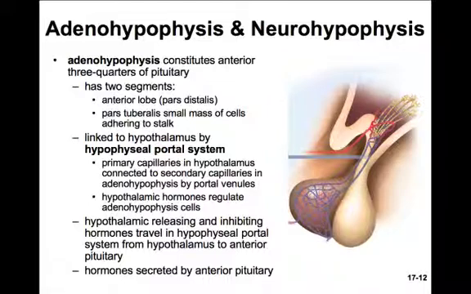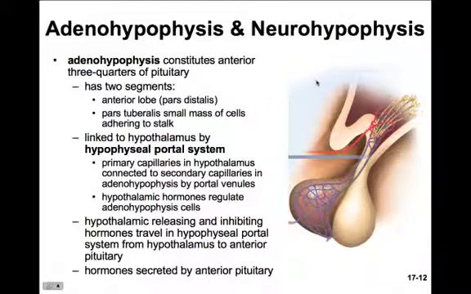Take a moment here to diagram the relationship between the hypothalamus and the anterior pituitary. Somehow find a way to show the capillary bed in the hypothalamus and the capillary bed in the anterior pituitary. For now, you can leave any diagramming of the posterior pituitary out.